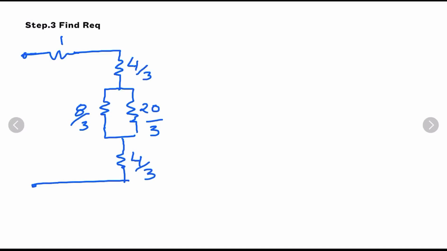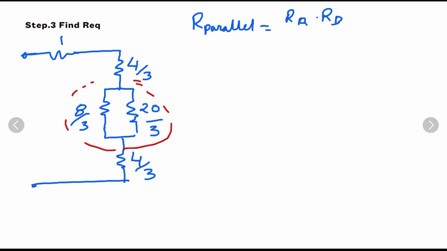Now in this circuit we can see that these two branches are in parallel, so we will again apply the parallel formula. That was R parallel is equal to, hopefully now you remember, RA into RB upon RA plus RB.